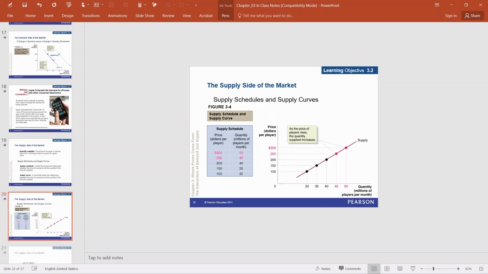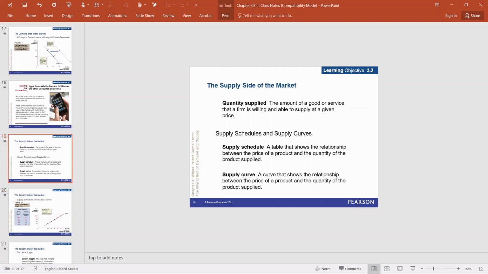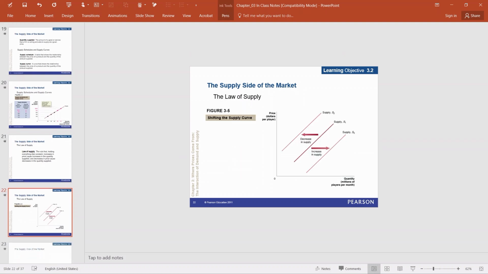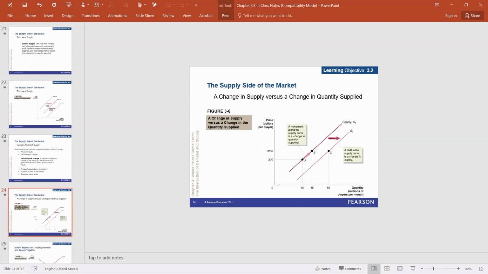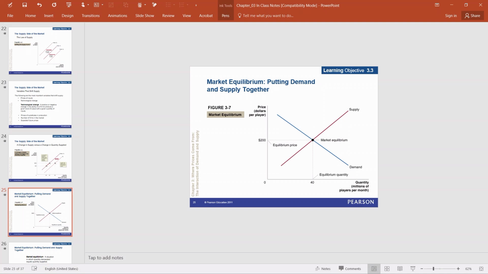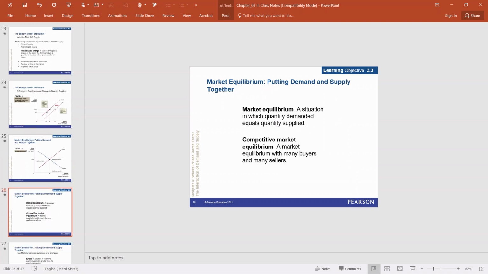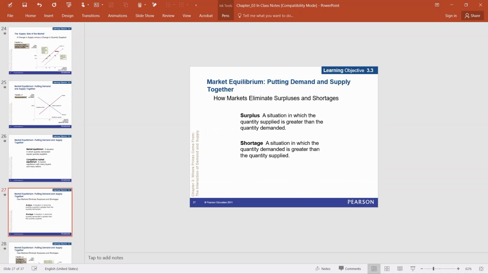The other part of this chapter is talking about the supply side, with the same analogy. This is equilibrium. And this is the surplus and shortage of product in the market.